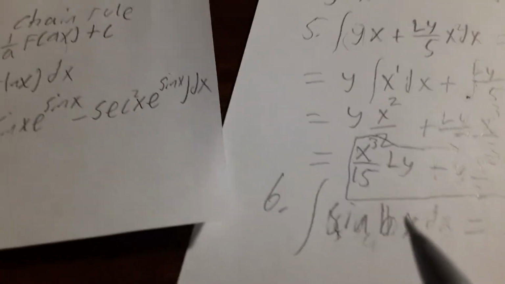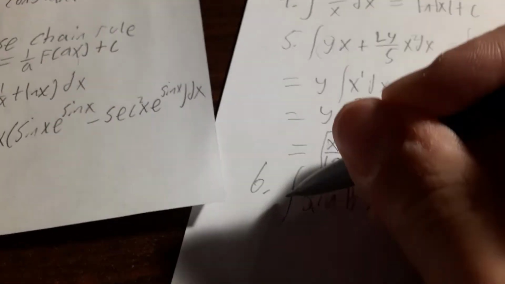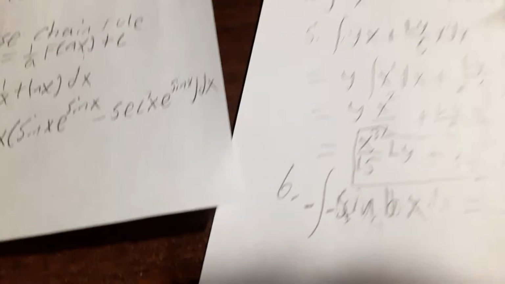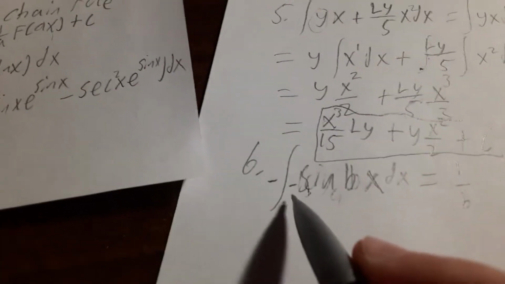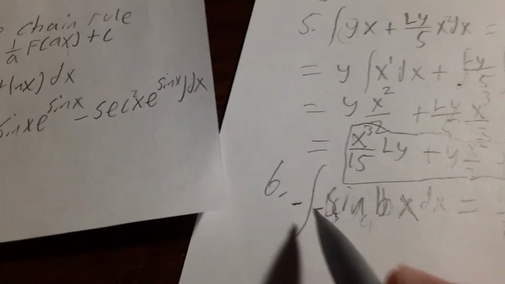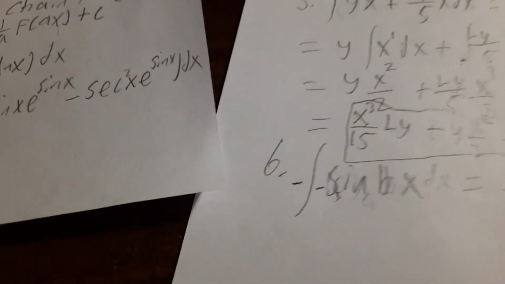And so for sine x, we can put a negative here and a negative here. Why is that? Well, because we're multiplying by negative 1 twice, which would just be 1, which doesn't change the integral at all.